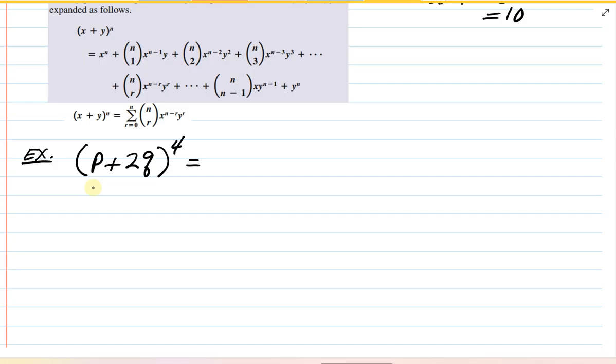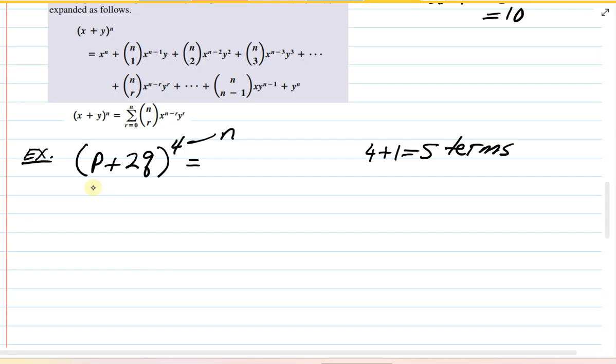Now remember, the exponent, this is n. n is 4. So how many terms will there be in the expansion? It's going to be 1 more than n, right? So there's going to be 4 plus 1, 5 terms in the expansion. So I'm preparing myself for 1, 2, 3, 4, 5 terms here.